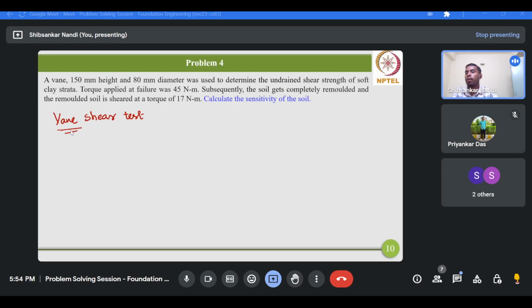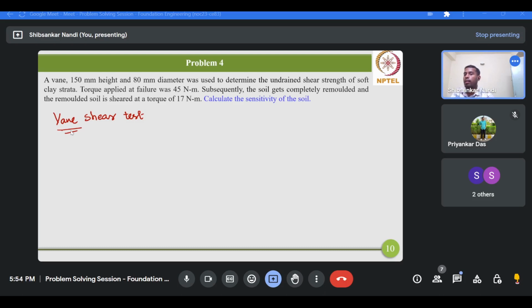Since there are laboratory tests by which we can easily determine the shear strength parameters like C and phi, cohesion and friction angle, then why is there a need for vane shear test, this kind of field test? Because of the difficulties associated with sampling.